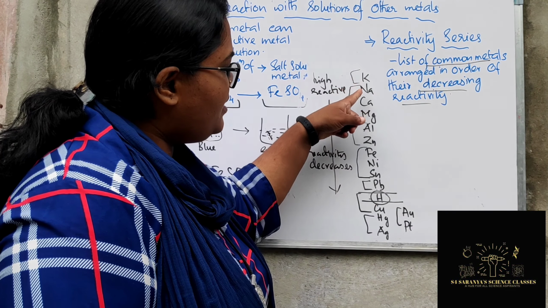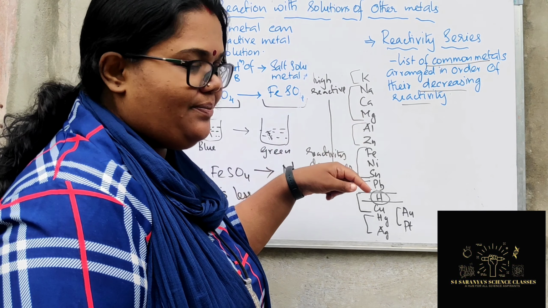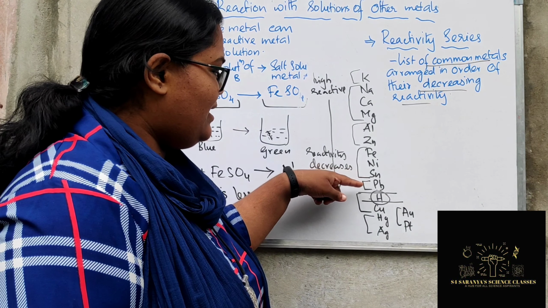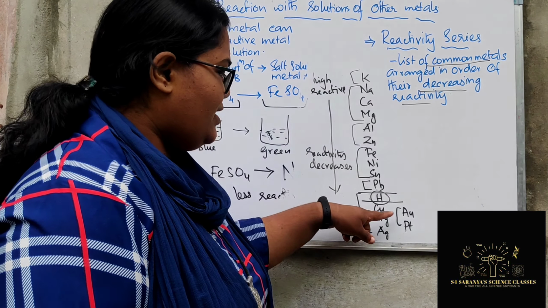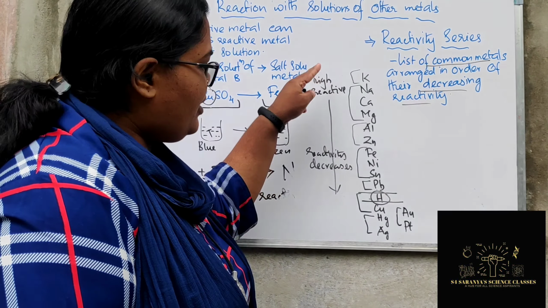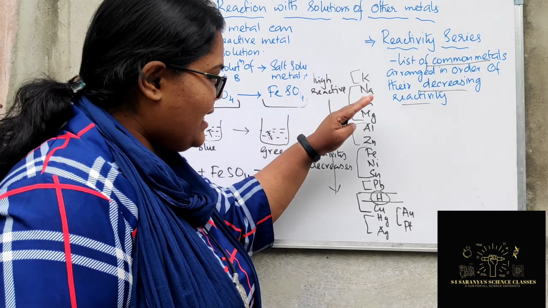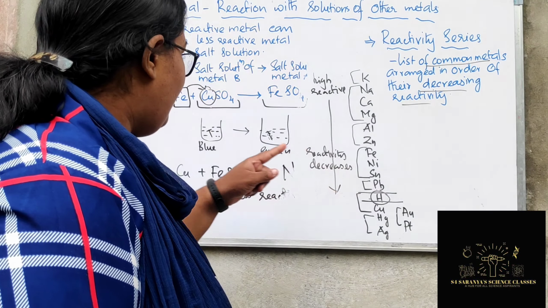Potassium, sodium, calcium, magnesium, aluminium, zinc, iron, nickel, tin, lead, hydrogen, copper, mercury, silver, gold and platinum. So you can see that the reactivity decreases. Above hydrogen, whatever the metal, they can easily displace the metals below hydrogen.